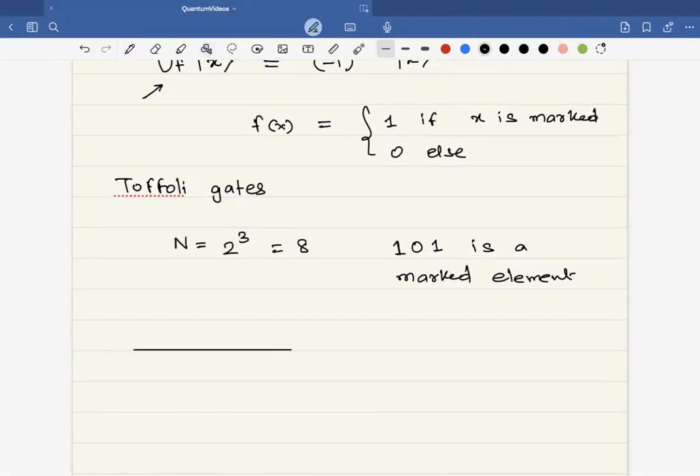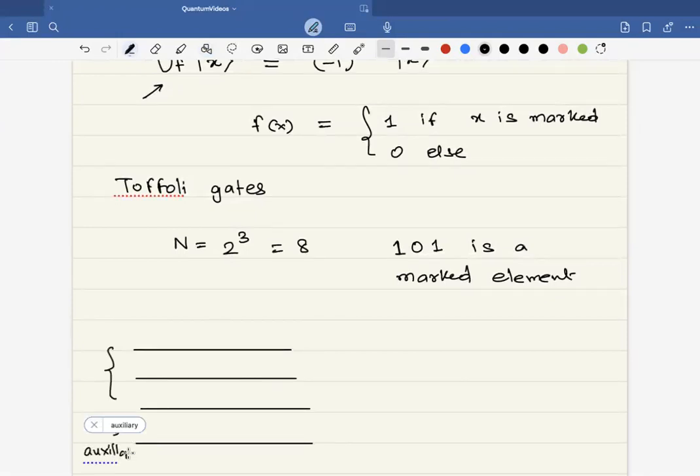We have the wires over here, and then we have this auxiliary wire, right? And what I would do is take this 1, 0, and 1 and apply the controls which correspond.